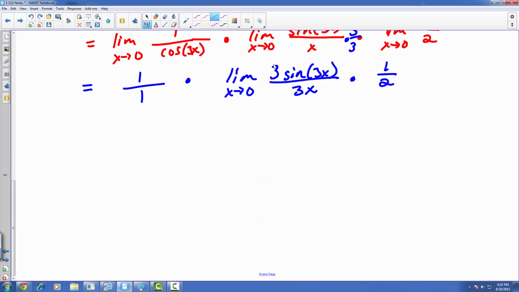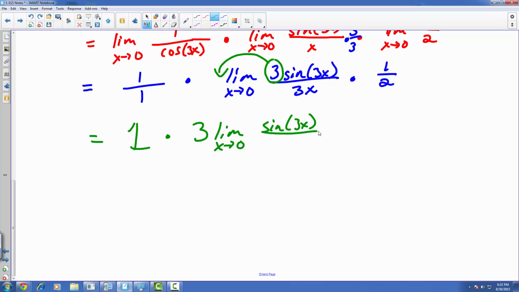And by the way, I did that just so we don't have to keep rewriting all these limits. But if you recall, we can take out this 3, which is a constant, and throw it in front of our limit. So really we have 1 times 3 times the limit as x approaches 0 of the sine of 3x all over 3x times 1/2.